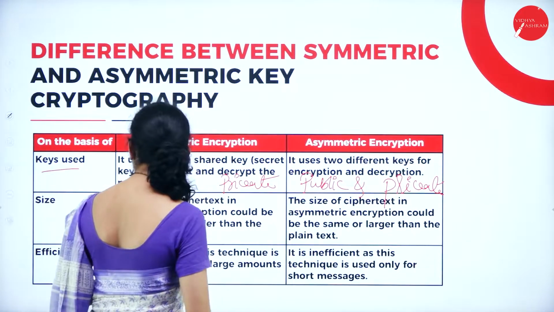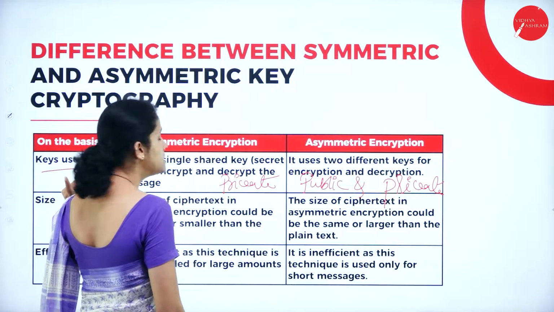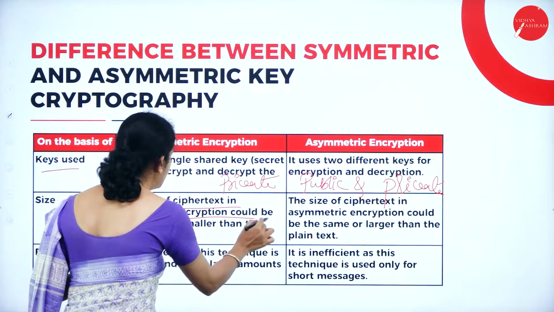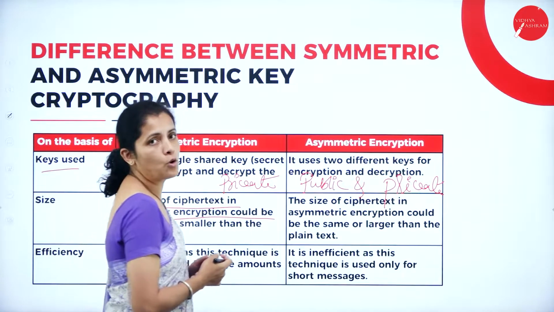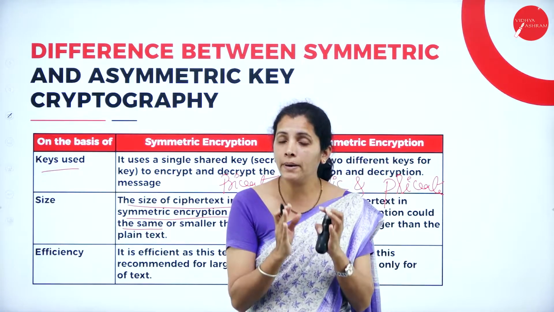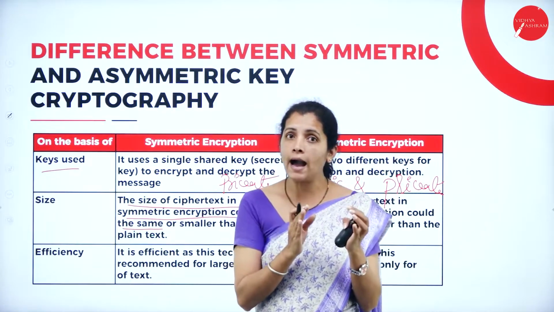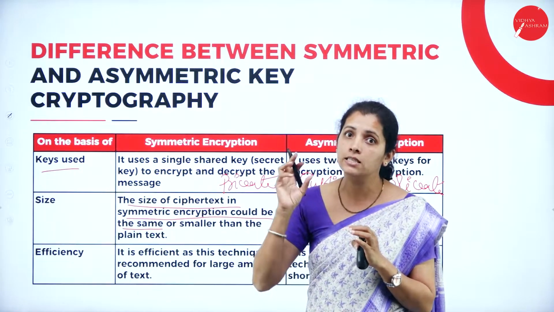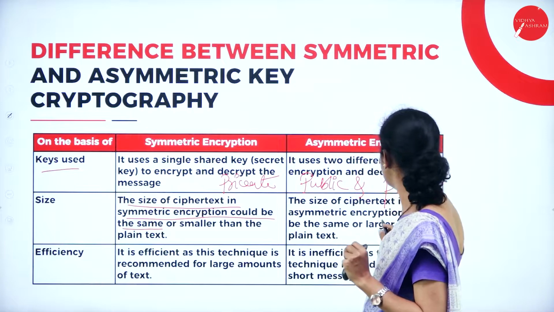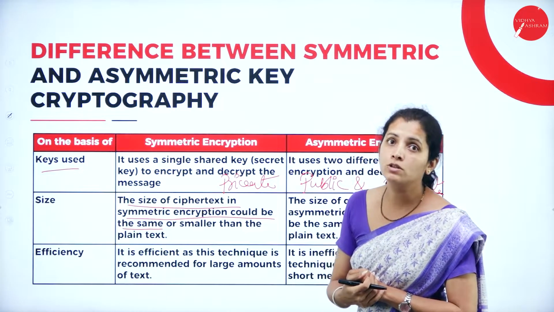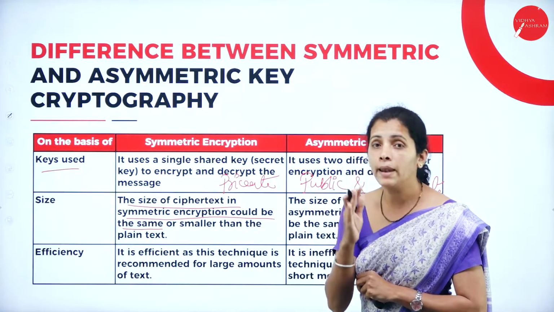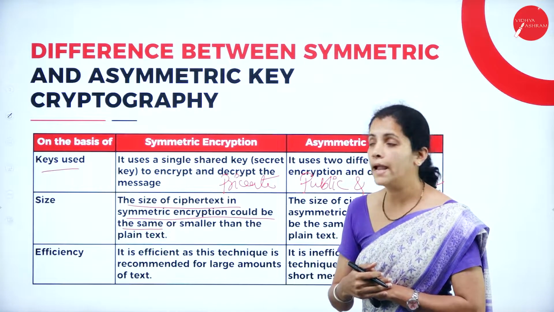Then the second difference here is based on the size. The size of ciphertext in symmetric encryption could be the same or smaller. That means after applying the encryption algorithm, the ciphertext I get is the same size as plain text or smaller than plain text. And if I consider the asymmetric key crypto system, the size of the ciphertext is the same as plain text or larger than plain text.